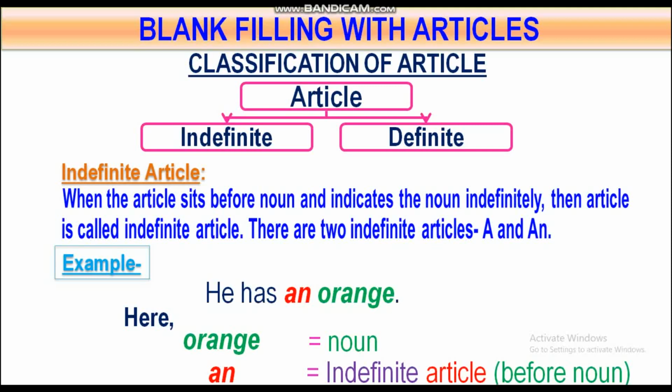He has an orange. An orange means any orange. Here article an indicates the orange in general, not in specific. That's why it is an indefinite article.